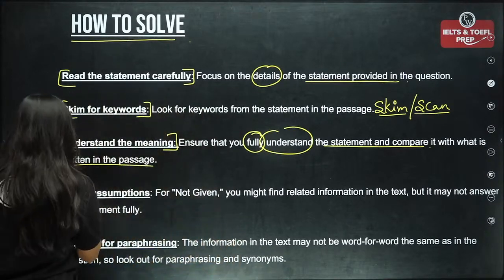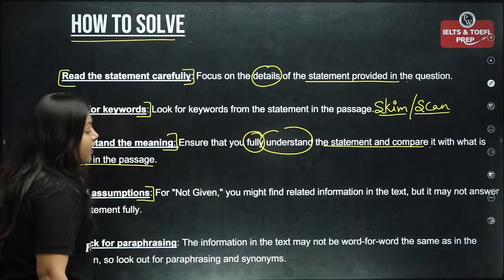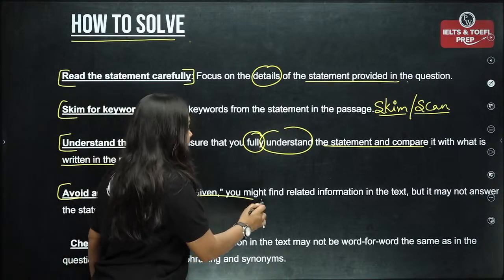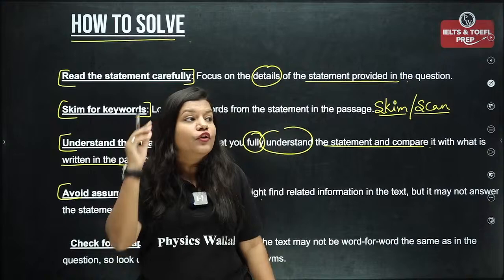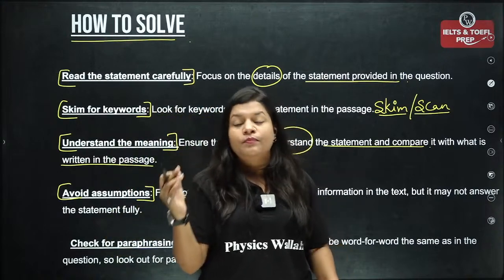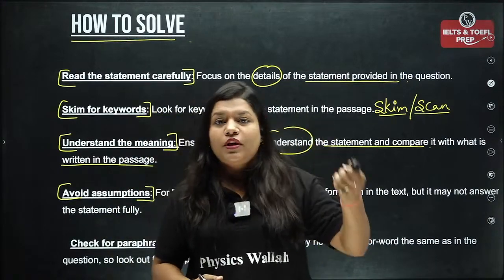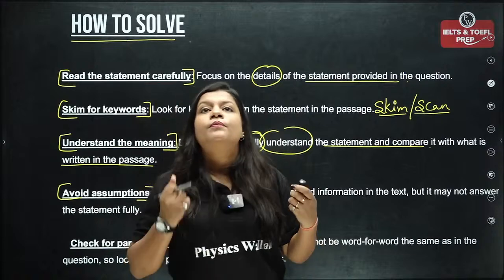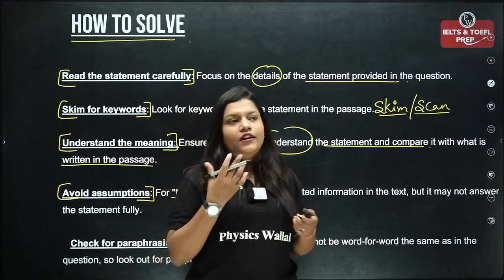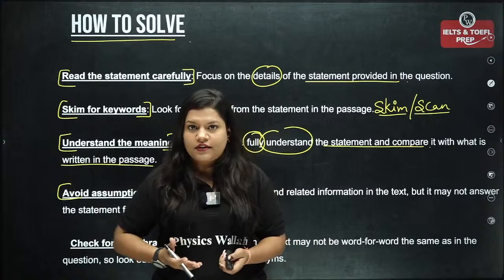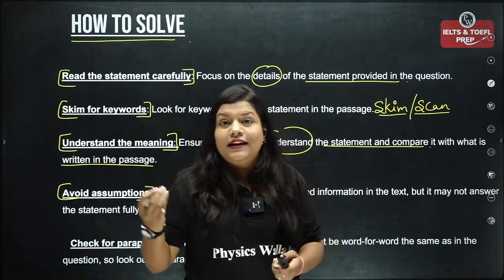Okay. Now, avoid assumptions. Work with whatever is there in the passage. You need to work with whatever is there, even if you know anything about the passage. Let's suppose whatever the topic you are going to be dealing with, you might be having prior information about that topic, which might be different from what's mentioned in the passage, right? So, don't get deviated.